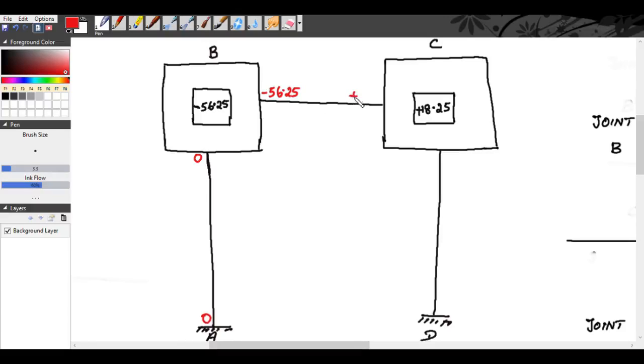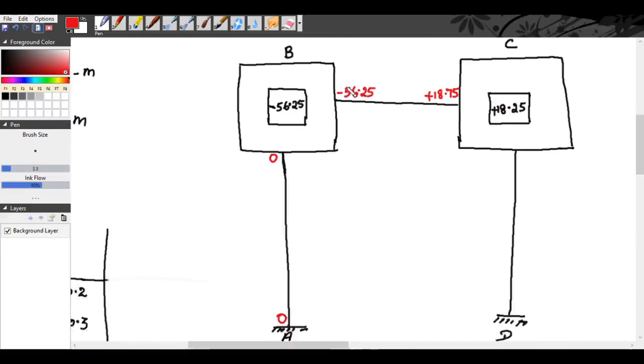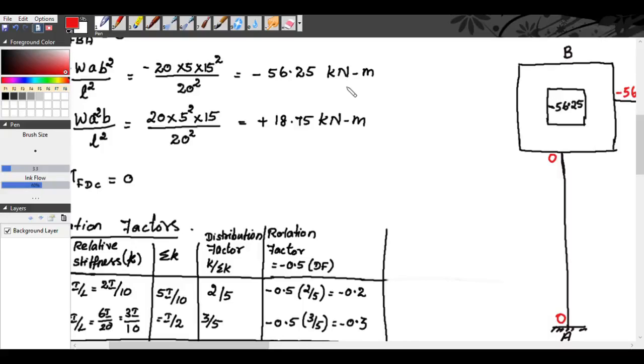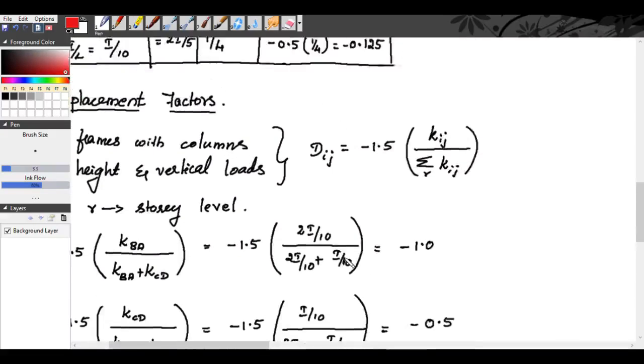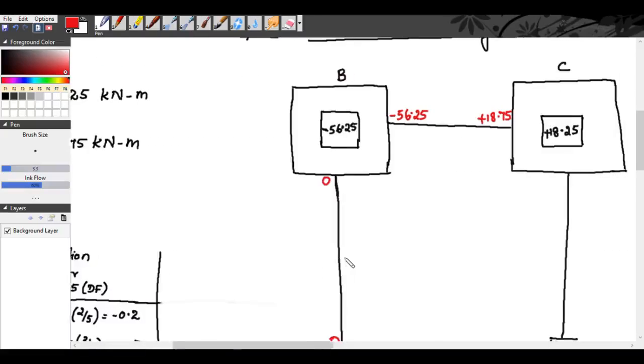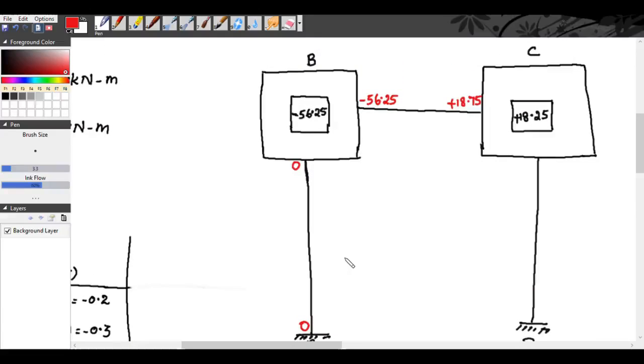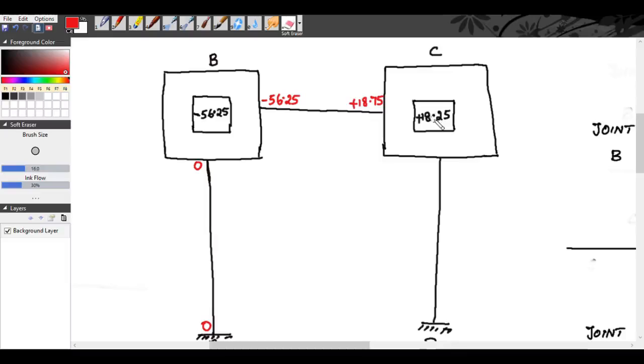M of CB is plus 18.75. This is not 18.25, it is 18.75. M of CD is 0 and M of DC is also 0.